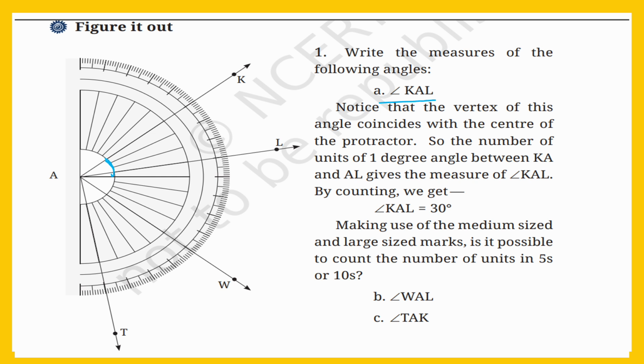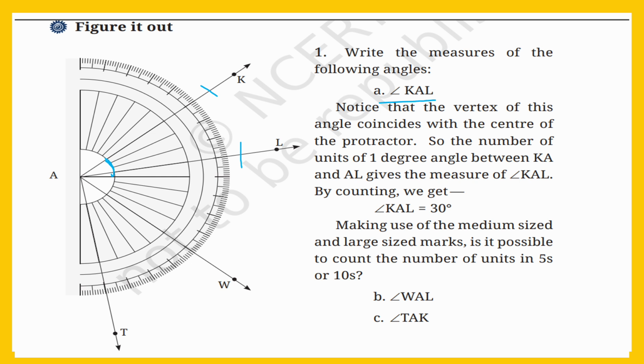It is A. So, A must coincide with the center of the protractor. The number of units of 1 degree angle between KA and AL gives the measure of angle KAL. So, we have to count those units.